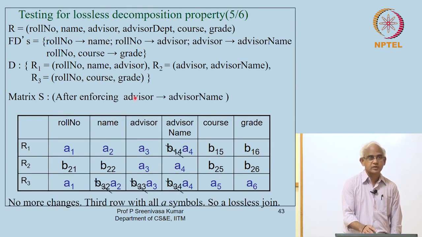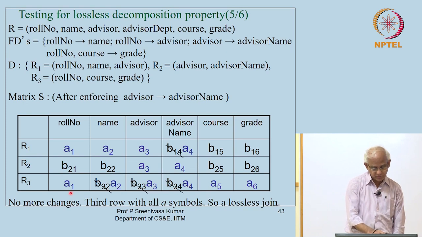Advisor determines advisor name. So, now in the current matrix, we find that there are two rows that agree on advisor, A3, in fact all of them agree on advisor. And so, we do an enforcement here, where one of them has an A symbol, and so we replace the other B symbols with that A symbol.